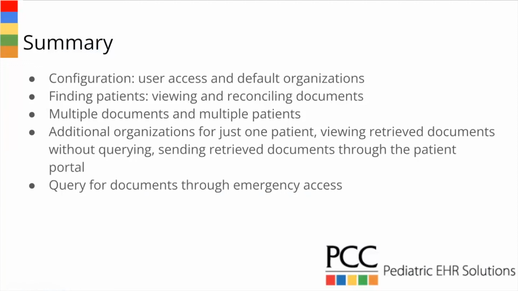And we also talked about how to add organizations for just one patient to query, how to view retrieved documents without querying, how to send those documents through the patient portal, and also how to query for documents with emergency access. And that wraps up our training on the initiator role.